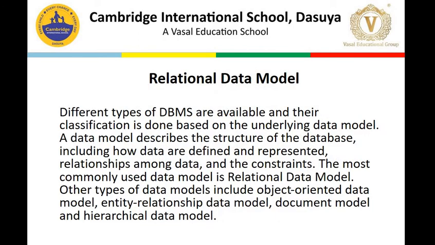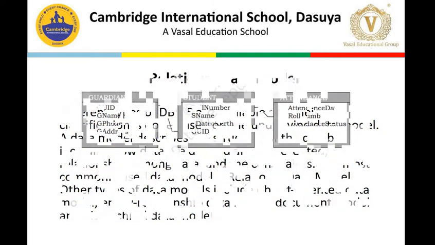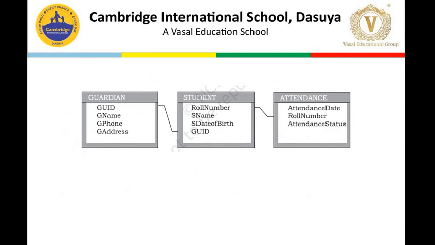Then we switched over to the relational data model. Clear? A relation is represented by a table. Then we took the example of different tables: the guardian table containing the guardian information, the student table containing the student information, and then an attendance table, and how these tables are related to each other.